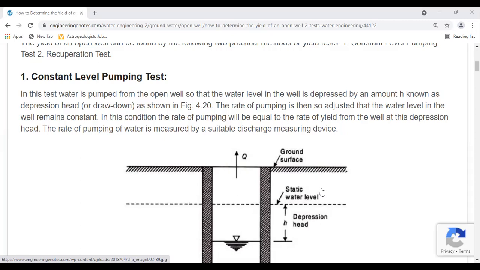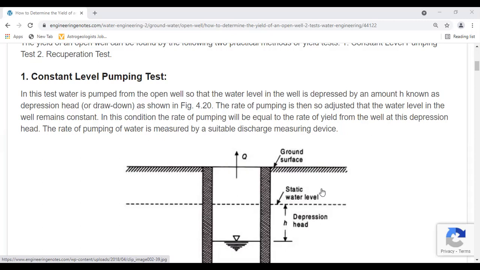If the water is pumped out under constant depression head equal to the working head H, the safe yield is given by Q is equal to K H, and Q is equal to K by A into H, or Q is equal to C into A into H, where C is equal to K by A, known as the specific yield or the specific capacity of an open well. It has dimensions of T power minus 1.